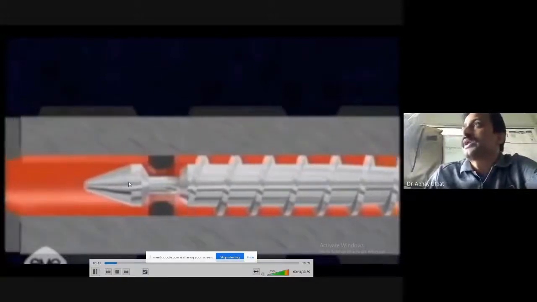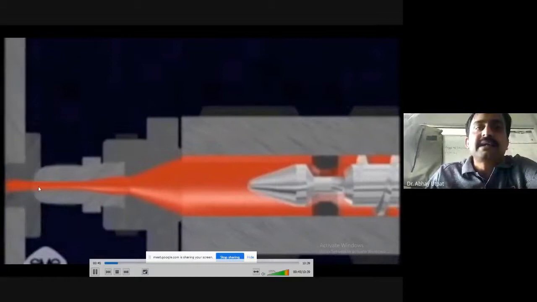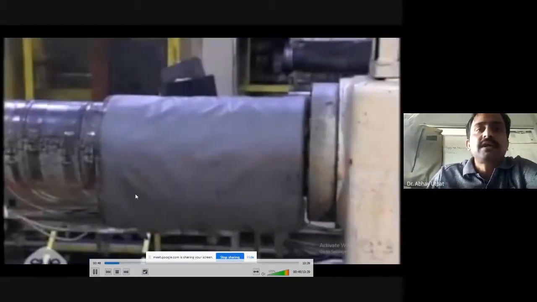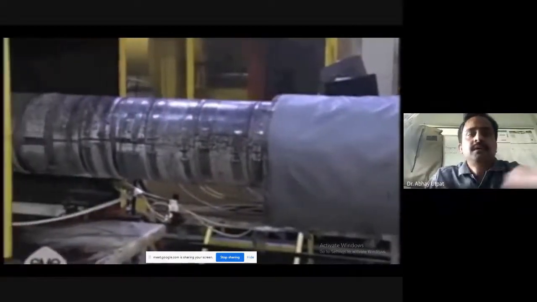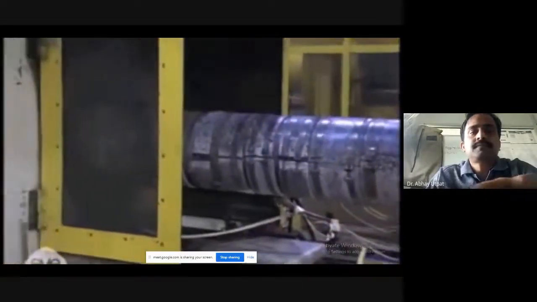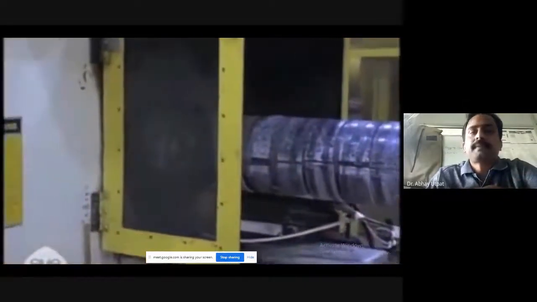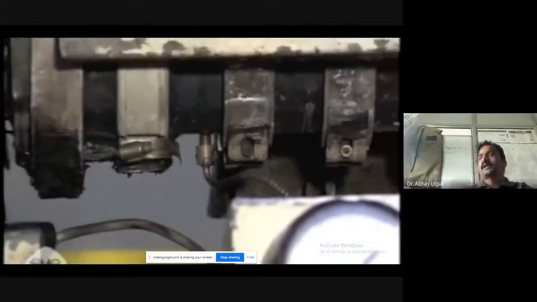It is rotating, and then it is injected from here. This is the nozzle through which it is injected. These are the different mechanisms of the machines which are shown.